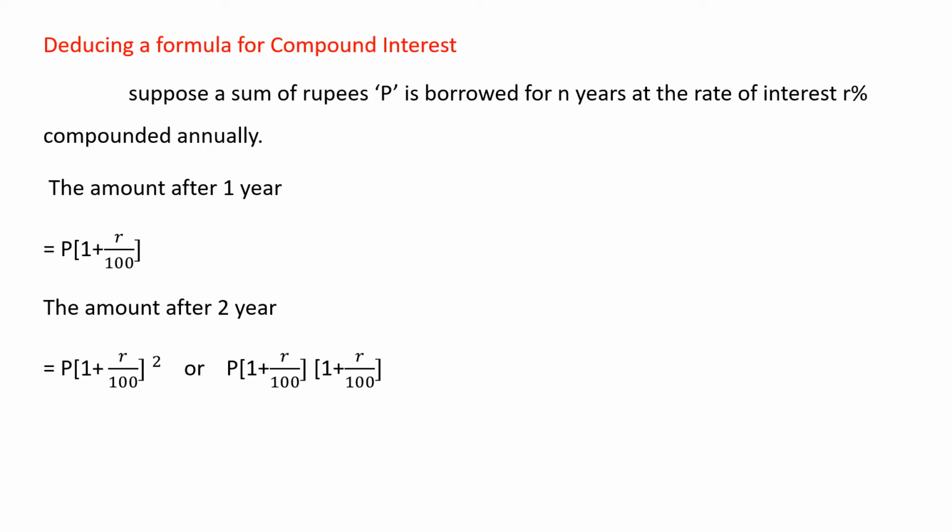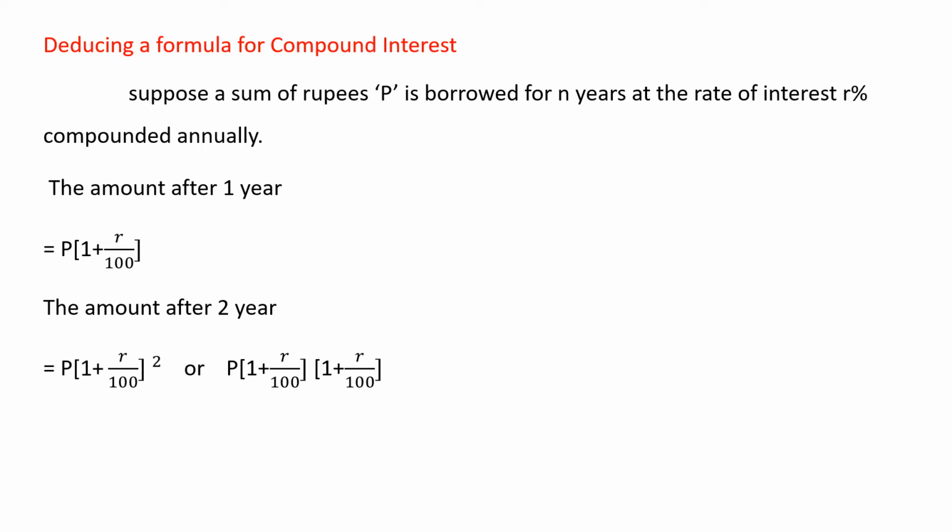So there will be some interest you pay for the money you borrowed. That is the rate of interest, maybe 1%, 2% or 10%. It depends upon the person. Some people give money at 1% interest, some at 10%.